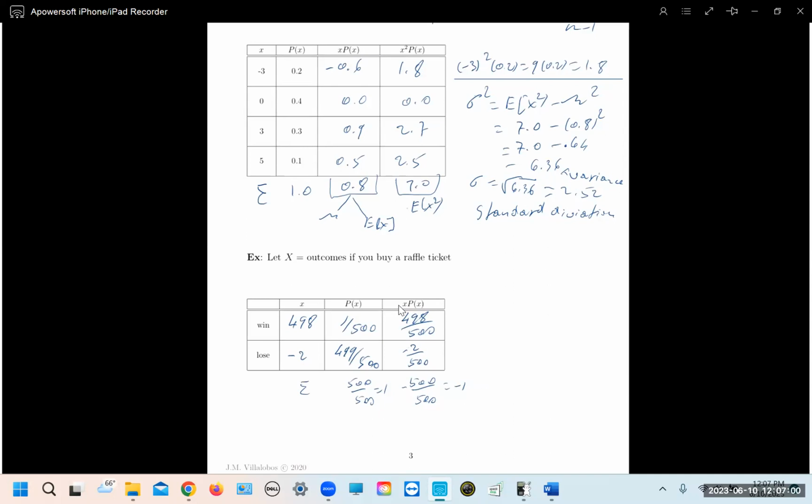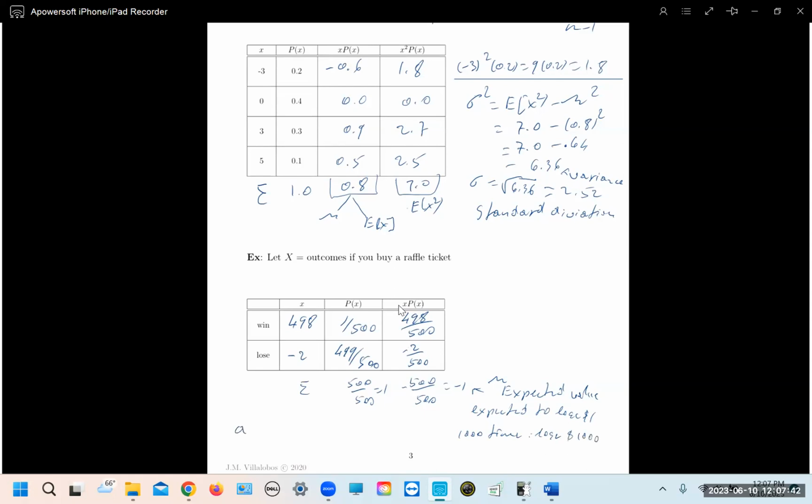So this is mu, the expected value: we expect to lose $1. If we play 100 times, or 1,000 times, we expect to lose $1,000.